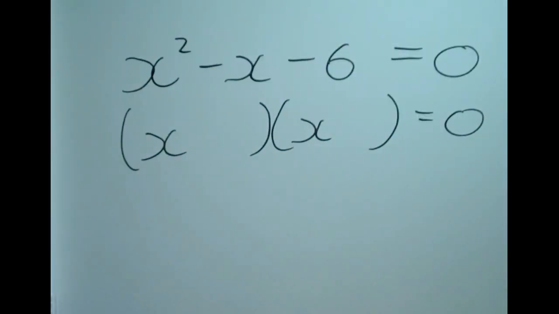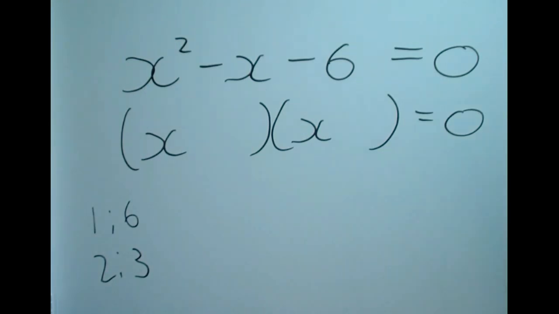Let's take a look at x squared minus x minus 6 is equal to 0. Again, we know that it's going to give me two brackets, but I don't know what's going to be in them yet. So again, I need to look at the factor pairs of 6. So we have 1 and 6 and 2 and 3 as my two factor pairs.